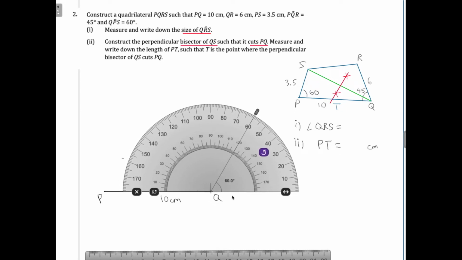Place the protractor with the middle point over Q and measure the angle 45 degrees. We draw a line, 45 degrees.